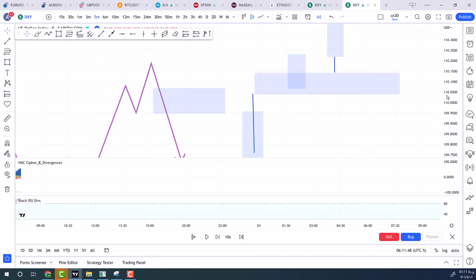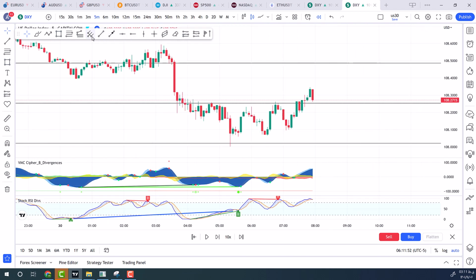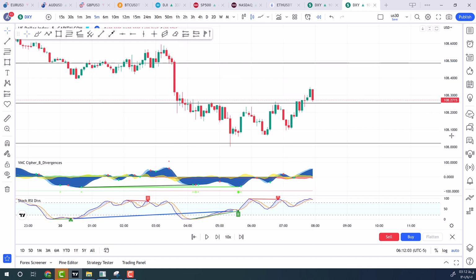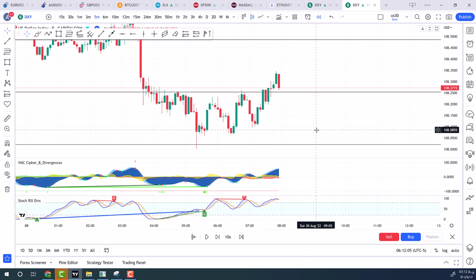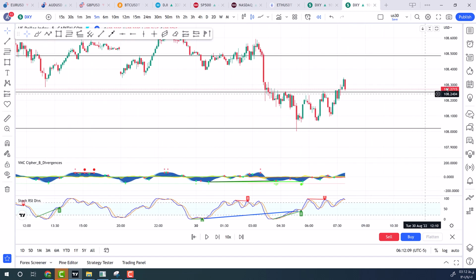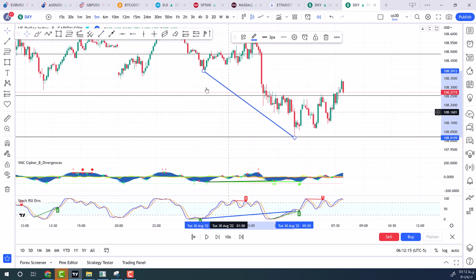For example, in charts, we have a big imbalance here from these shadows to this shadow. Why? Because this shadow didn't touch this shadow. It is an imbalance. We talked about this too. Anyway, so we are going to look for divergences plus shifts plus imbalances in the POIs that we use market structure and Fibonacci for.